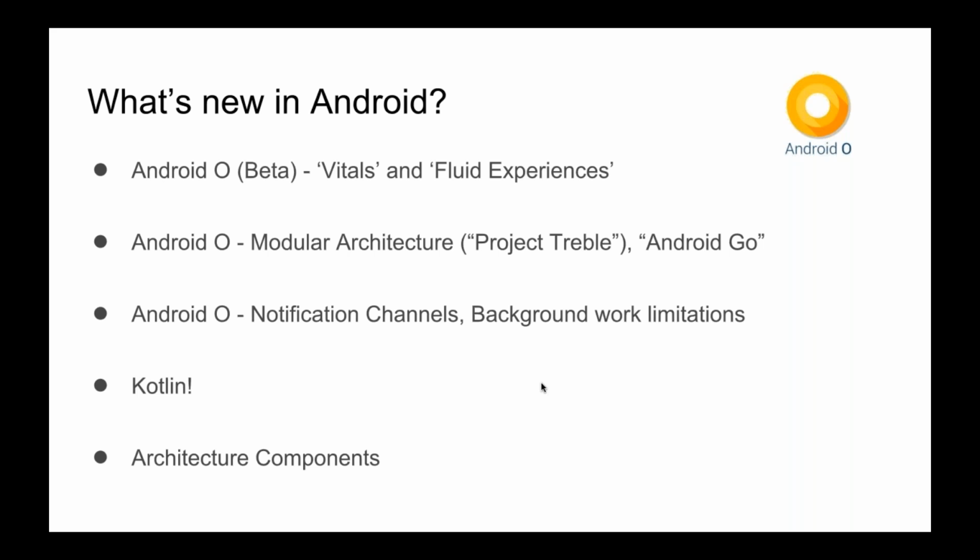And the fluid experiences is just end user features that will make the user's life a little easier. For example, easier copy and paste. When you click on a text in Android O, it will automatically copy it. So you don't have to long click and then copy and then paste it somewhere else. So it's instant copy.